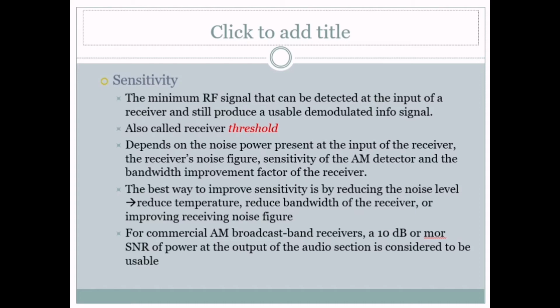The best way to improve sensitivity is by reducing the noise level, which we can do by reducing the temperature, reducing the bandwidth of the receiver, or improving the receiver noise figure. For a commercial AM broadcast band receiver, a 10 dB or more signal to noise ratio of power at the output of the audio section is considered to be usable.